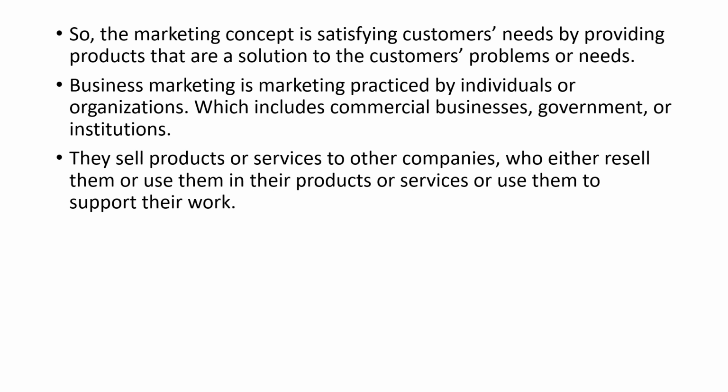For example, they will get maintenance of their equipment done by another company, so that is support to their operations. Or they will get transport supply from another company, so that company supports their operations by providing them the transport.